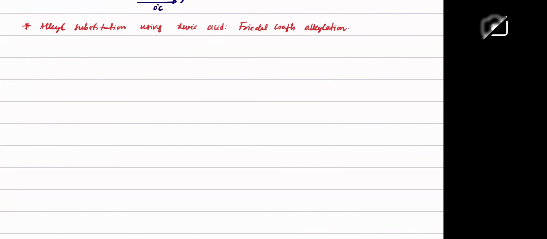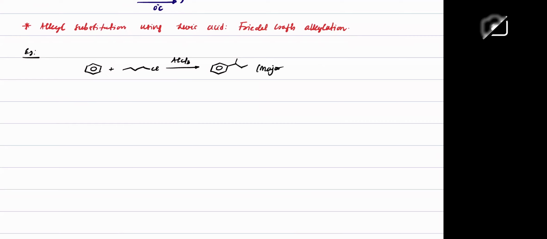Now quickly, if you go through certain questions here, these are the most asked questions. If you have benzene plus this chloride in the presence of AlCl3, most of the time if temperature is not mentioned, you will take it as normal temperature. That means you'll make a carbocation rearrangement and then this will be the major product.